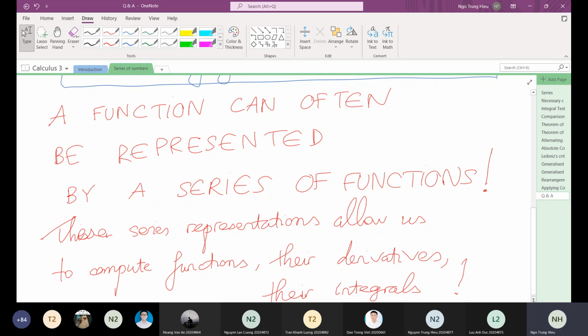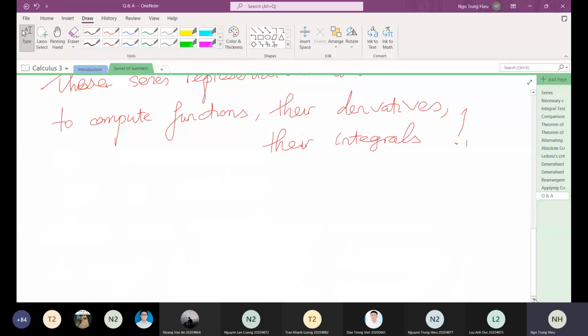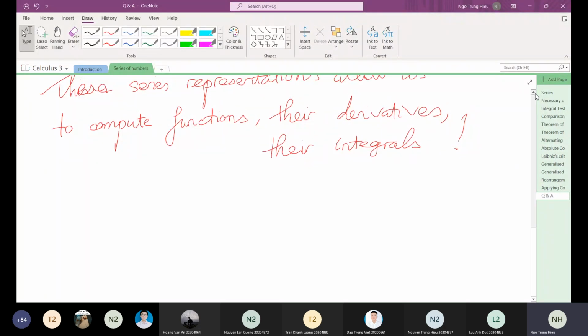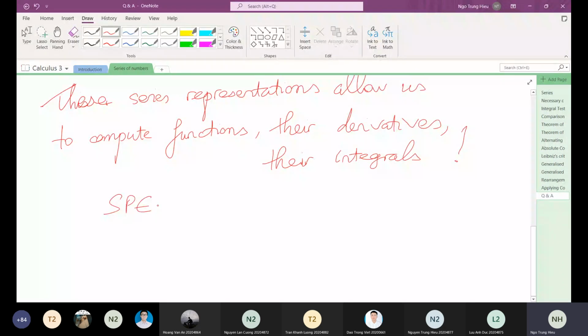When you study technical things like computer science or engineering, you have many special functions. In calculus 2, you have the gamma function.